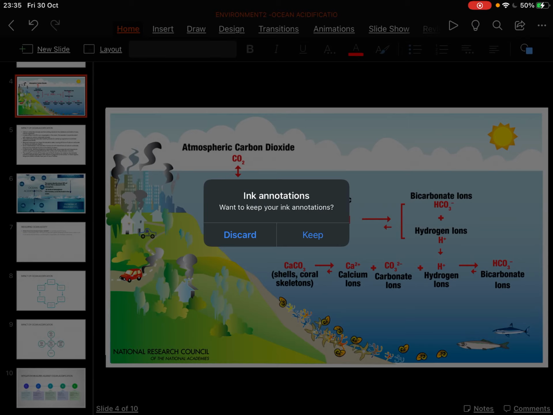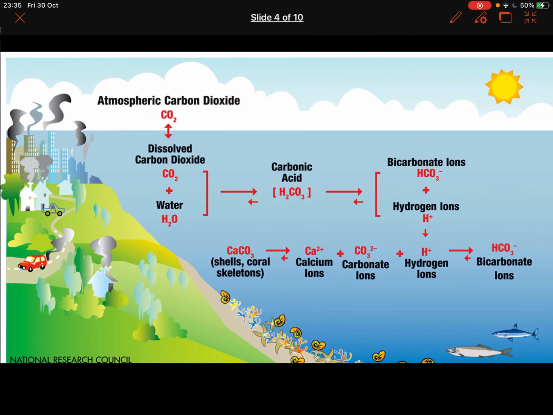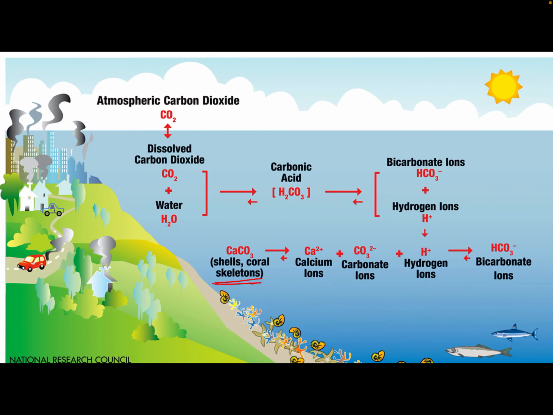So you can see here that this CaCO3 is something with which outer skeleton of shelled animals is formed, and it is formed by calcium ions and carbonate ions. But this culprit hydrogen ion, what it does, it takes away this carbonate ion and forms bicarbonate ion, and this bicarbonate ions by its very nature is very stable.